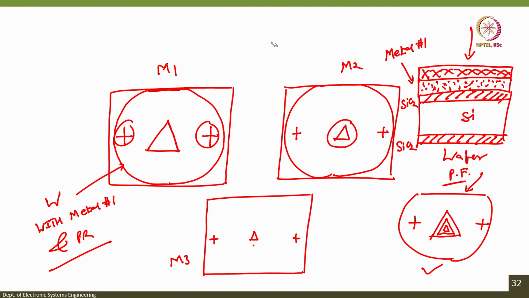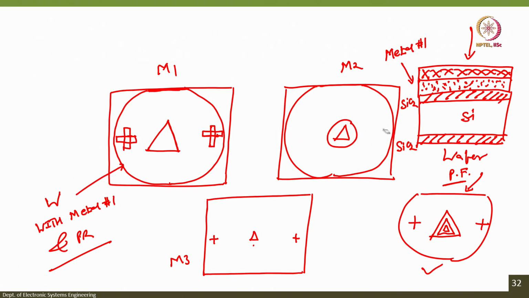If I really zoom in on this alignment mark, I will see that it is not just a plus, but it looks like this. Okay. Right, like this.